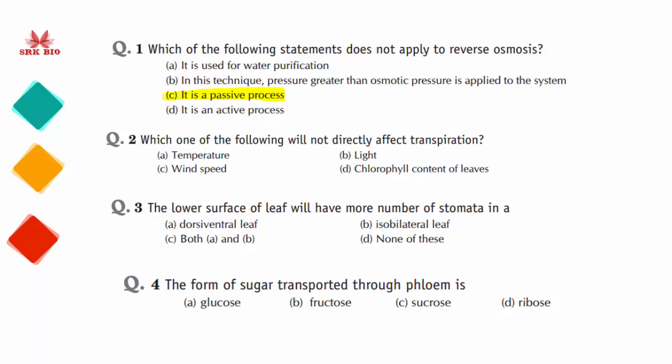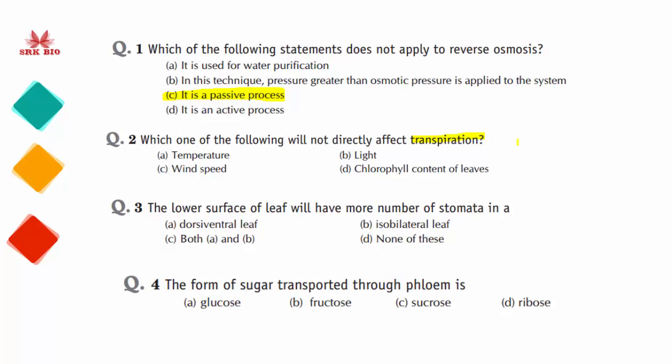Which one of the following will not directly affect the transpiration? Previously, I discussed about transpiration. The rate of transpiration is affected by temperature. The rate of transpiration is affected by light. What is the relation between light and transpiration? If light is available, the stomata will remain in the opened condition, and opened condition of the stomata support the loss of water in the form of vapor.